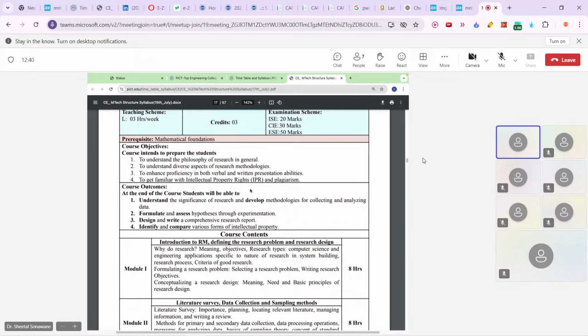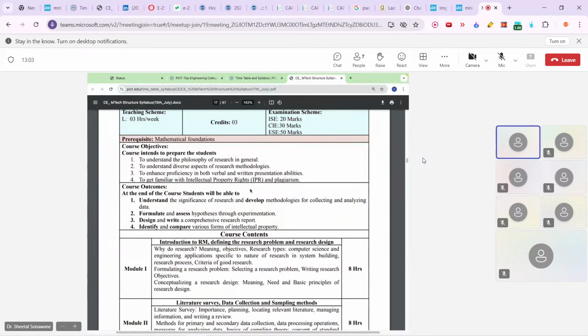These are called a hypothesis. We'll see in detail, but you need to write your hypothesis that this system will work if this is available, or in spite of this, my system is going to work. Whatever positive statement, whatever negative statement that you are writing, any proposition is considered a hypothesis. You need to write the hypothesis and assess the hypothesis.